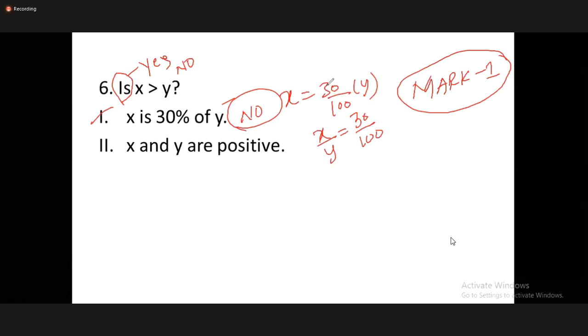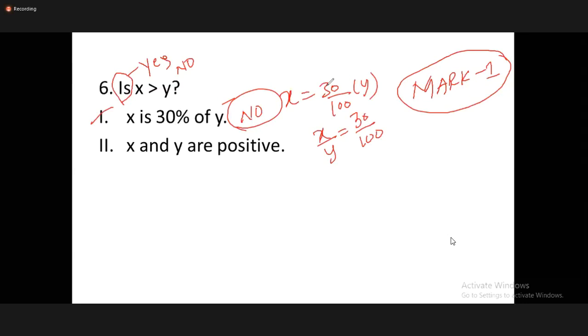Guys, the point is this: percentages are always the positive ones. There is no negative percentage. You may say x and y are positive only. Percentages are calculated for positive numbers only.